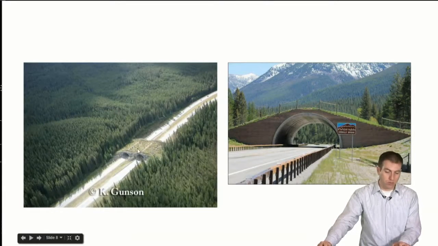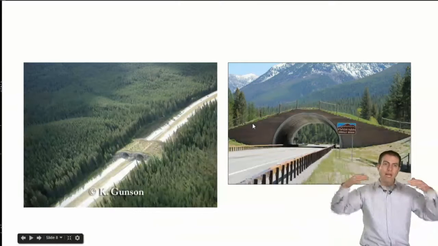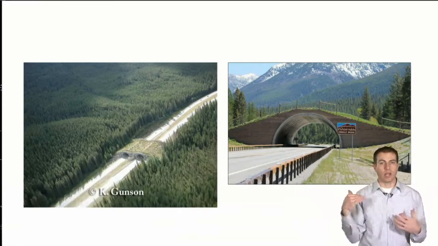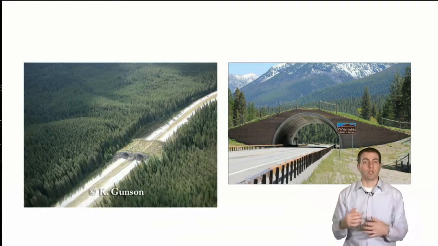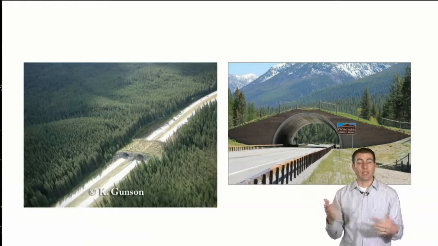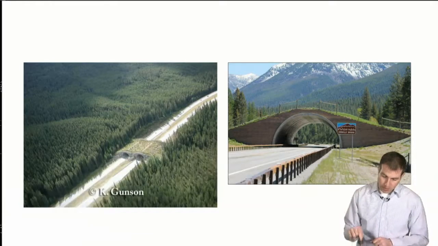So the animals can move from one area to the next. And that's what these images are. These natural overpasses, and there's natural underpasses for animals to cross, so they don't have to cross the road, don't have to jump the fence. They can roam their natural habitat in search of food, shelter, whatever they're looking for, without getting hit by cars. They can get across. Pretty cool idea.